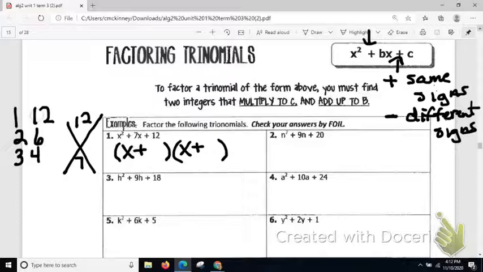So you could look up 12 and it would give you these 3 pairs. Most of you could come up with this without that help, but just in case. So 3 and 4. They're both plus, so it doesn't matter which one I put where.